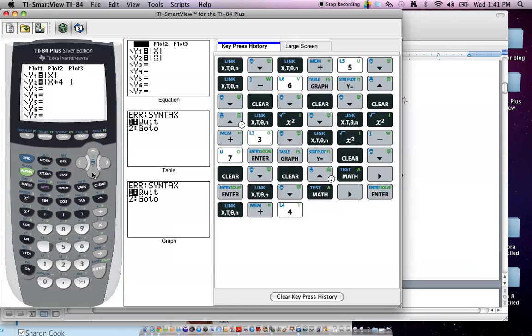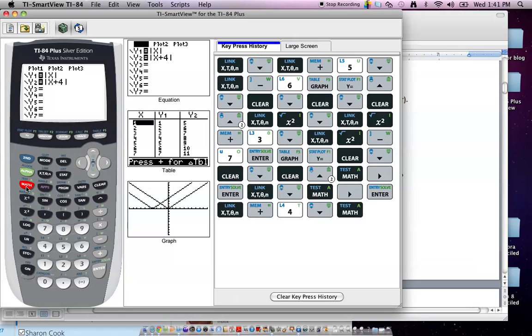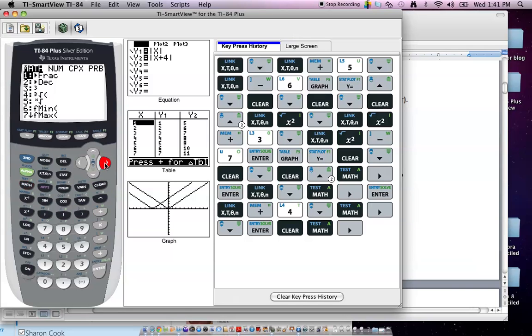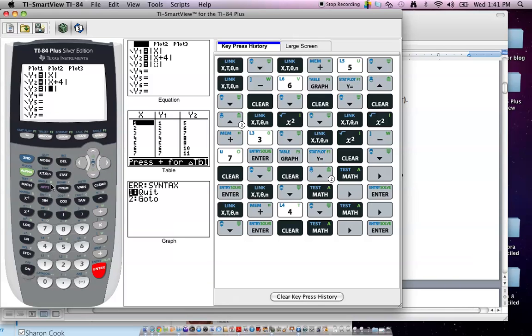Mine shows the lines, yours writes ABS, I believe. Either way, it doesn't matter. Mine has the lines. It's x minus 3, right?